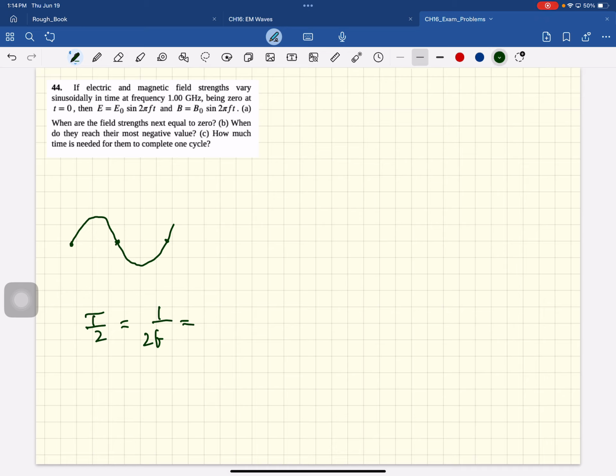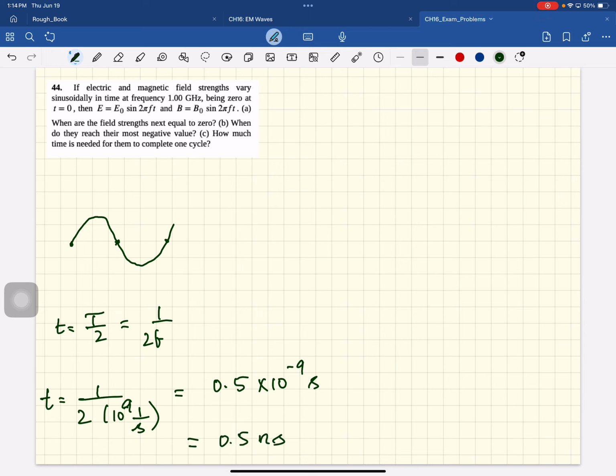So 1 over 2 times frequency is 10 to the 9 hertz, 1 over seconds. So 0.5 into 10 to the minus 9 seconds. 0.5 nanoseconds.